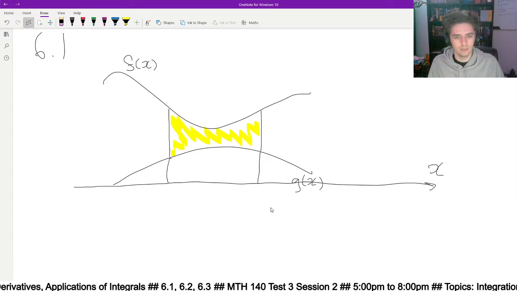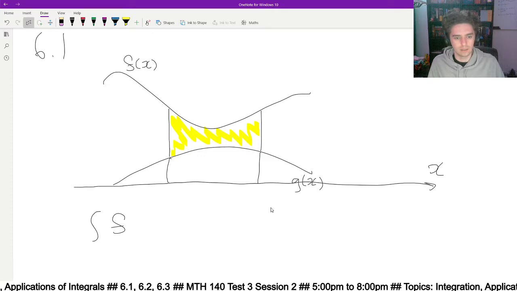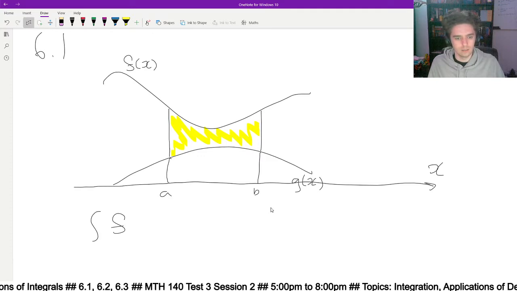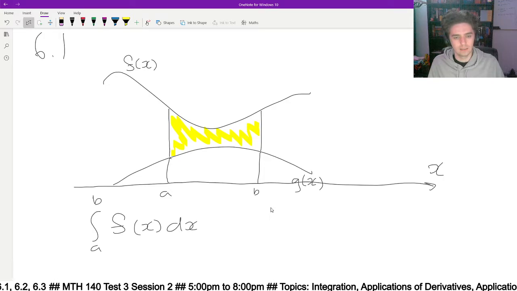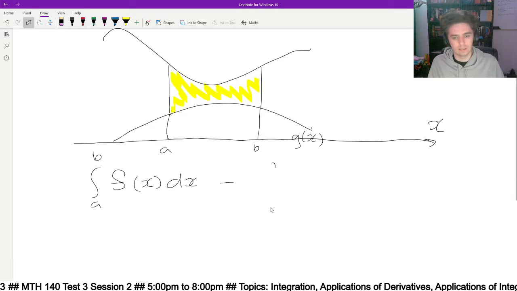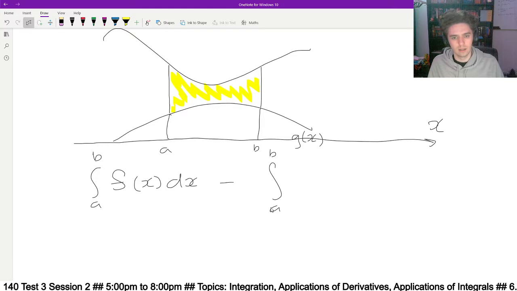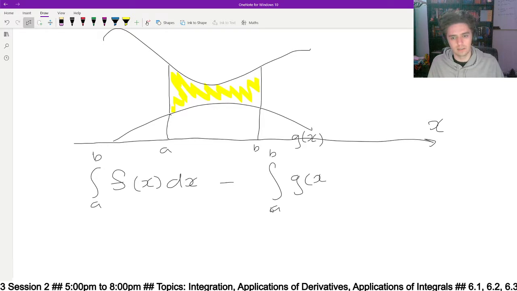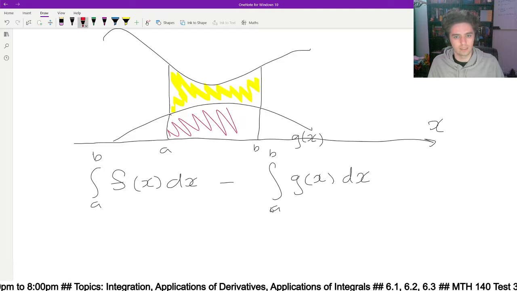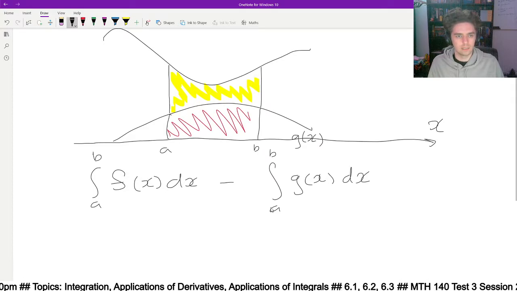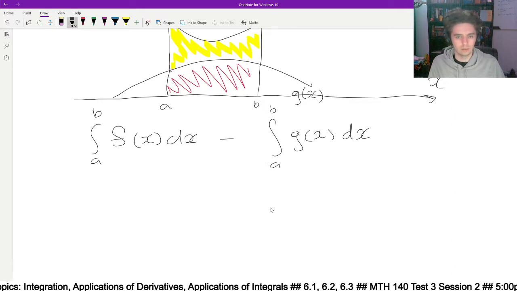The whole integral. So f of x, and I'll call these bounds a and b. So the integral from a to b of f of x dx, minus the integral from a to b of g of x dx. So it's kind of like that whole thing minus this section. This can combine, you can move the integral to the front.